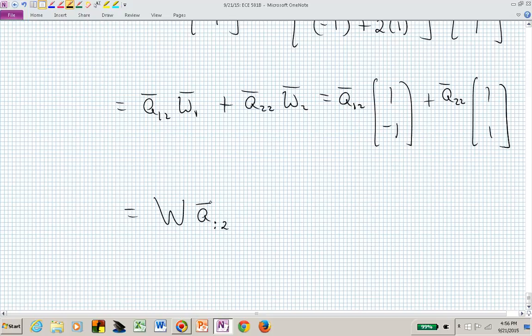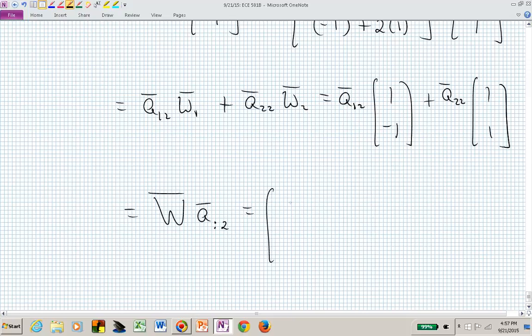Can I write that in terms of MATLAB notation? I now have the basis, capital W bar, and I want to know what are my coefficients or scalars in the second column of my matrix representation, which I'm saying now is A colon means all of the rows, which I only have 2 of those, and I'm interested in the second column.